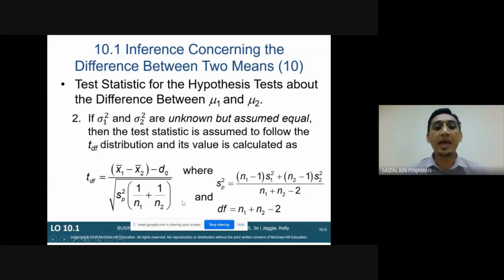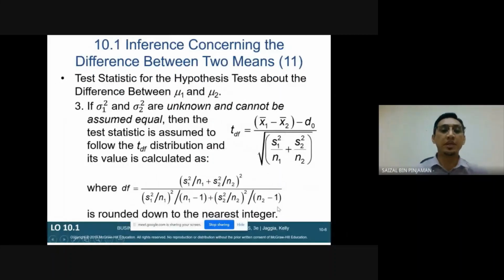And the degrees of freedom for this t distribution is equal to sample size 1 plus sample size 2 minus 2. So here we have the third situation where we don't know the population variances, and we also cannot assume that they are equal.